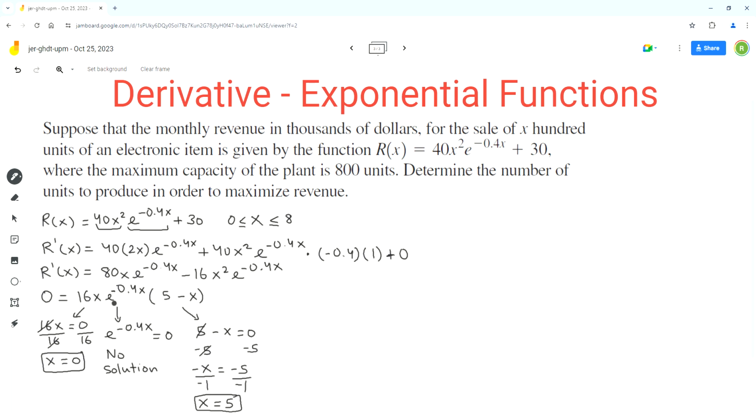Now we have to find the x value which will maximize revenue. So we have to find the revenue value for x value 0, which is one of the solutions we got, and it is also the lower limit of the domain, and then x equals 5, and then x equals 8. So let's start with x equals 0. So we'll sub in x as 0 in the given revenue function.